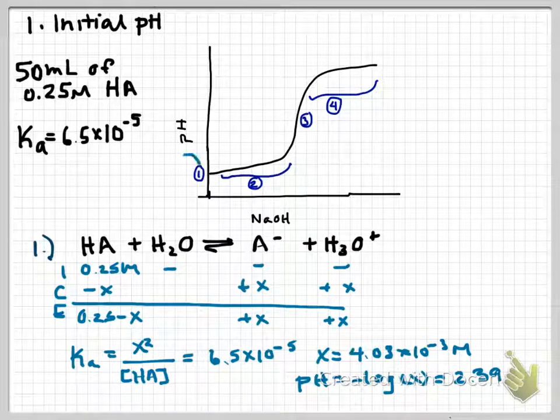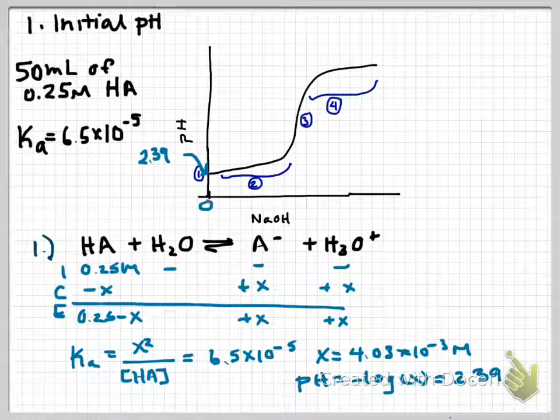So I can mark that on my graph here as 2.39 at 0 mL of NaOH.